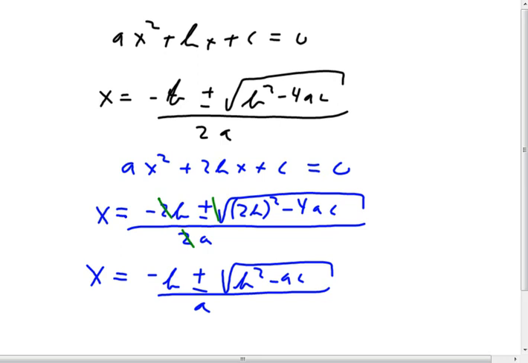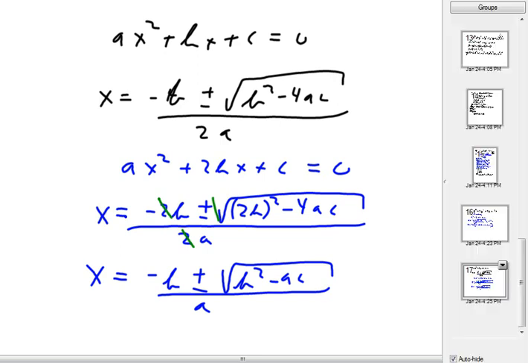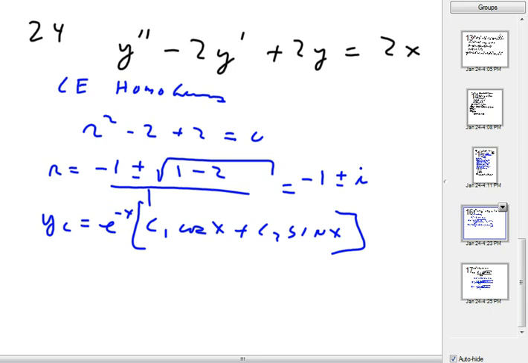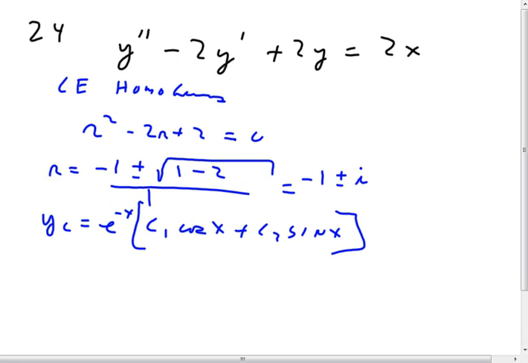I saw that I had an equation with a 2 sitting there. And instead of putting a minus 2, I put a minus 1, because this is now 2b. So minus b plus or minus the square root of b squared minus ac divided by a. So if this were a 4, then I'd go minus 2 plus or minus the square root of minus 2 squared minus 2.